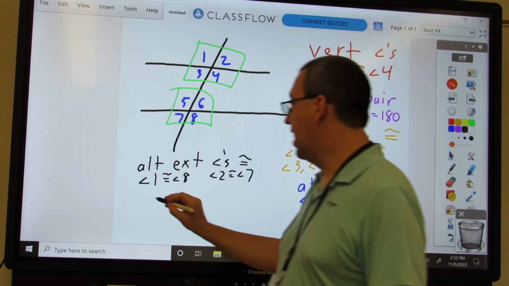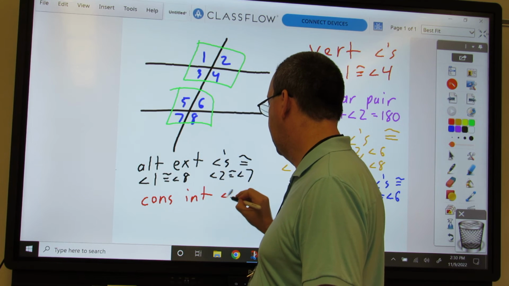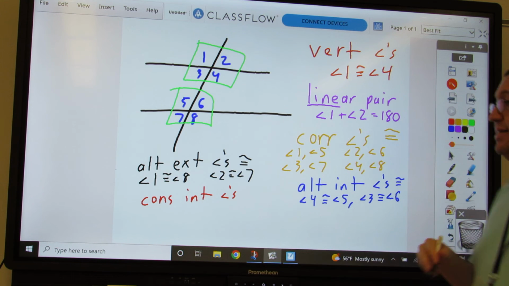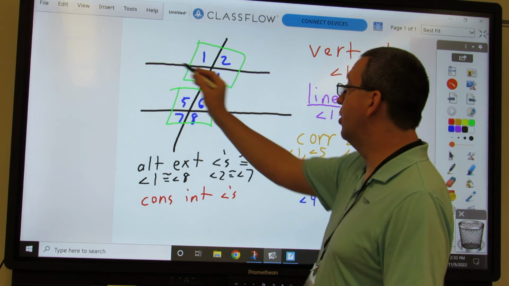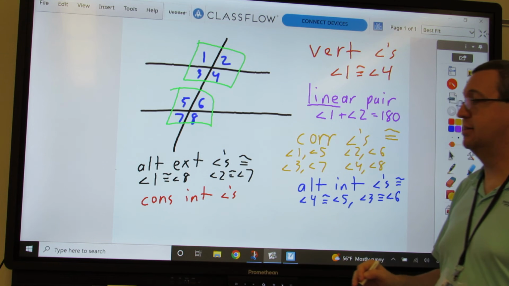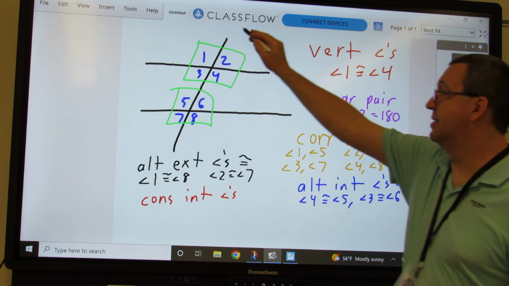And then our last type is our consecutive interior angles. Consecutive interior angles are supplementary, so they add up to 180. Again, the interior, they're going to be in between my two lines. Consecutive means they're on the same side of the line that's connecting.